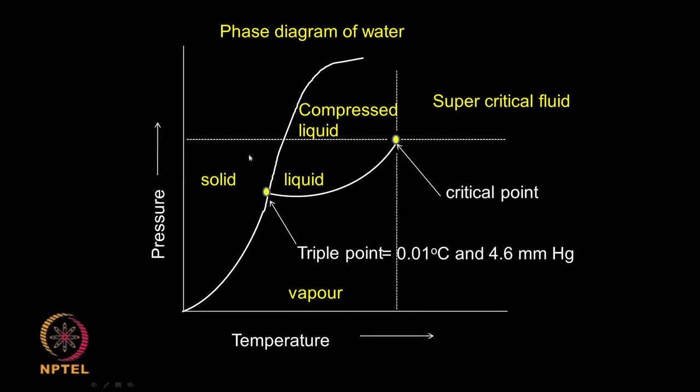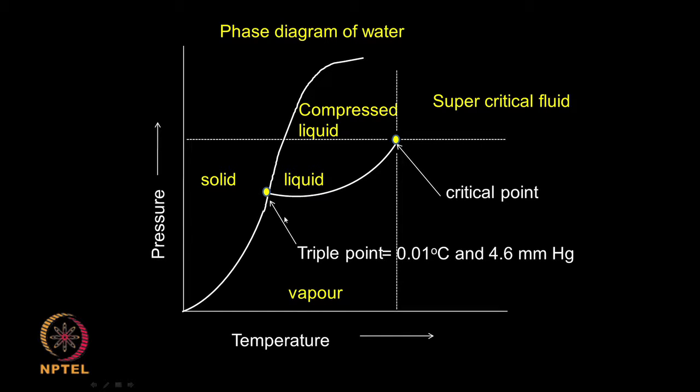Otherwise, normally you have to go from solid to liquid and then you come to vapor. Okay. If you are heating ice, you will go to water, then you will go to vapor. But if you are here, you can go directly from solid into vapor. Okay. That is the beauty of it.